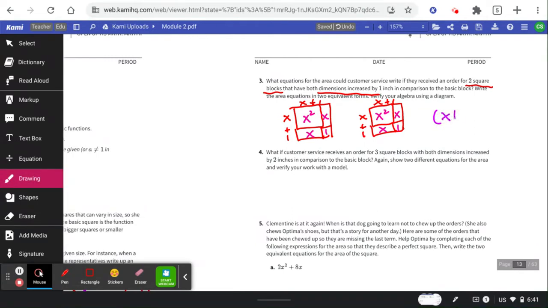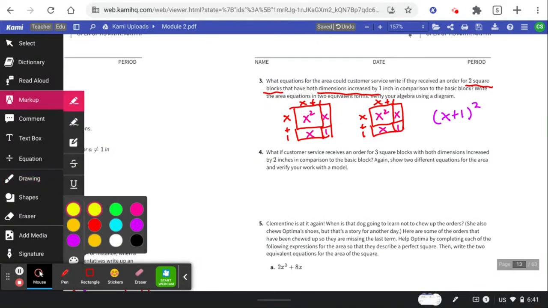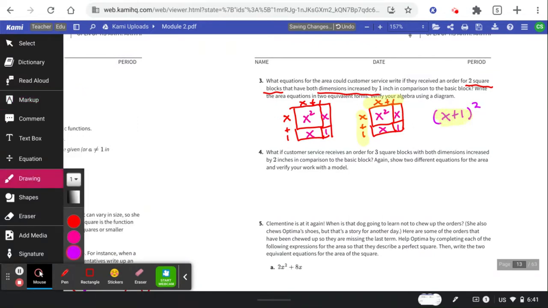Well, this is the x plus 1 squared block, represented by these little labels on the outside. There's my x plus 1. But we have 2 of these now.